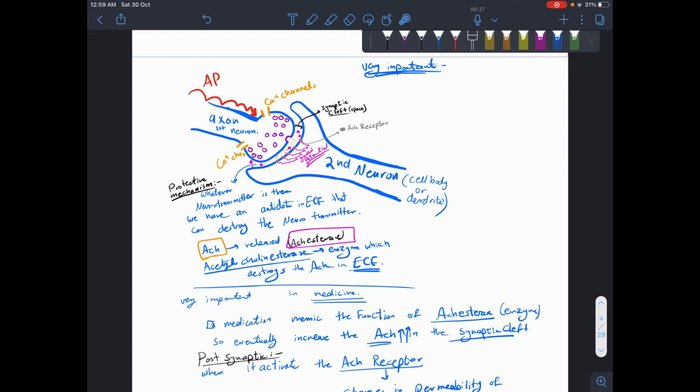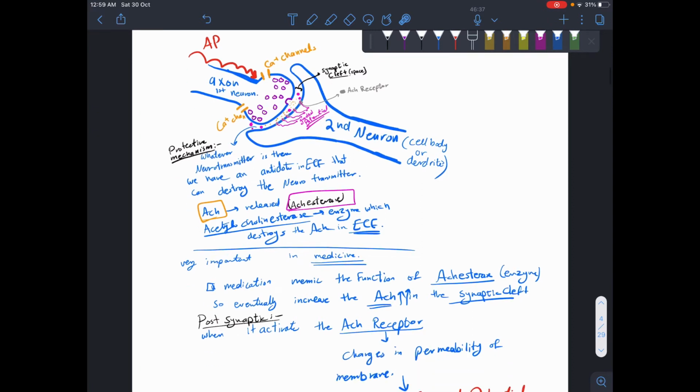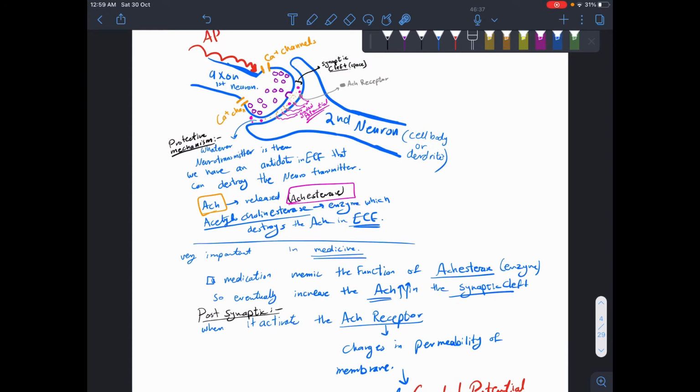So if I have a patient, for whatever reason there is, I want to increase their acetylcholine, I will give them a medication that mimics acetylcholine function.